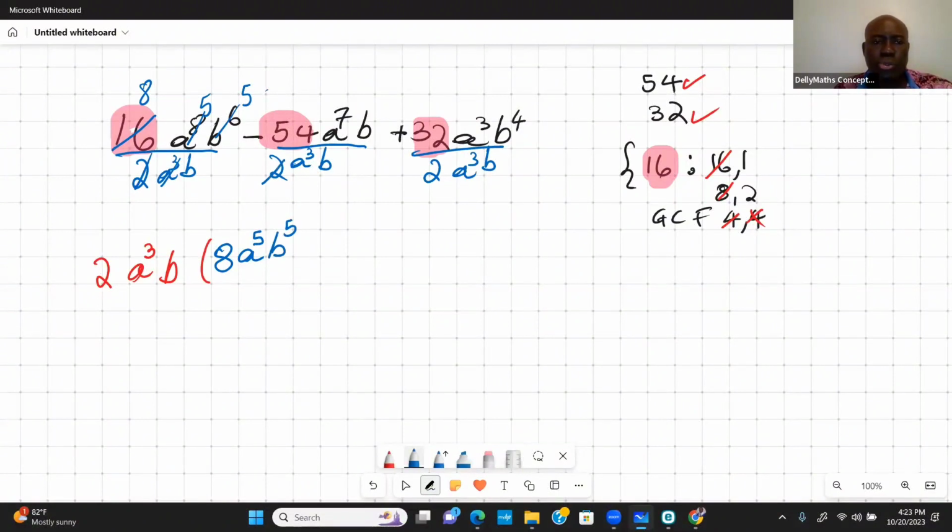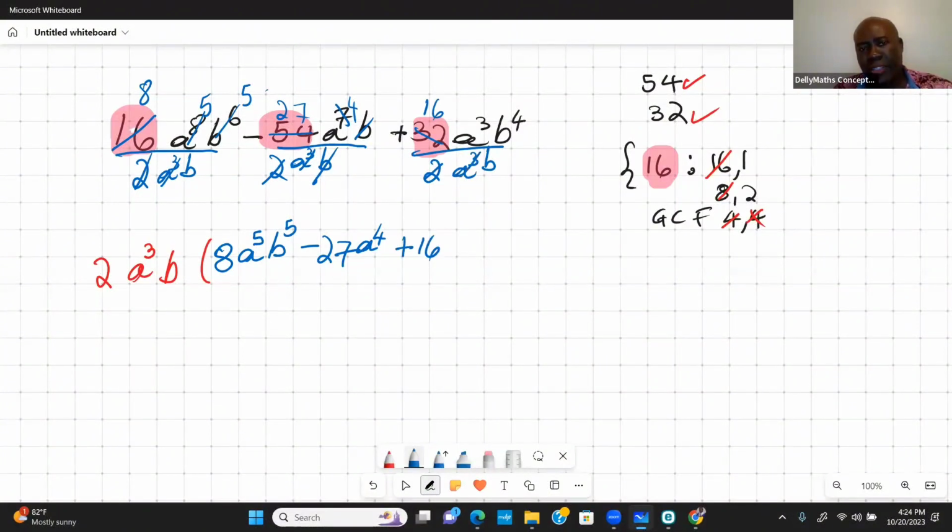Now let's check. 2 into 54, that's 27. And then A to the third into A to the 7th, that's A to the 4th. B cancels B fully. There's no B in this section. 2 into 32, that's 16.